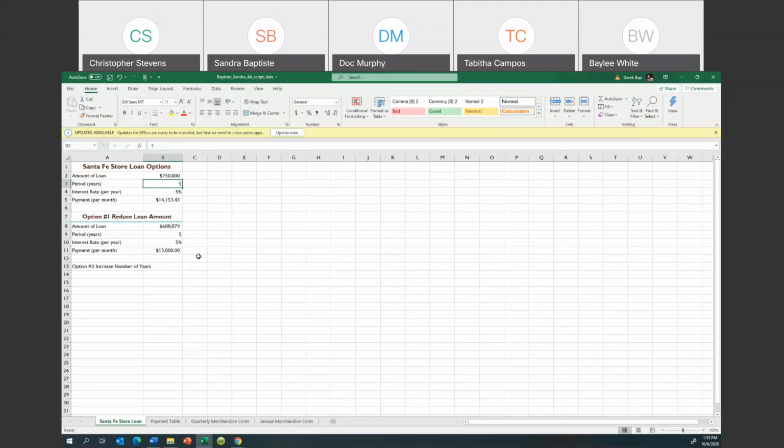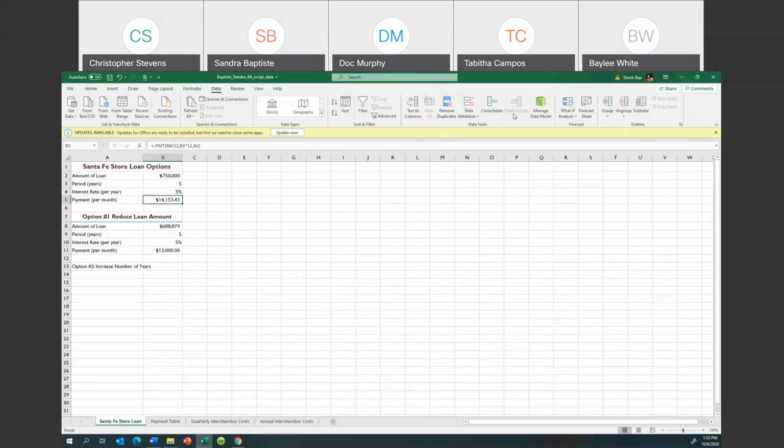Okay. All right. So let's do goal seek again. So if you want to select cell B5 to start off, let's go back to the Data tab, Forecast group, What-If Analysis, Goal Seek. So you may notice from what it says in A13 that we're going to increase the number of years this time. So the set cell is still going to be B5. The to value, we're still going to change that to 13,000.